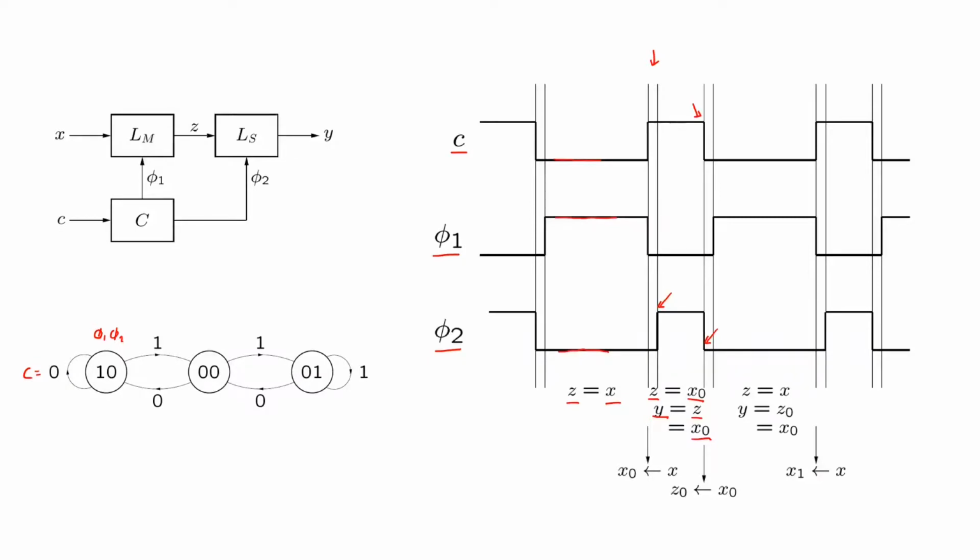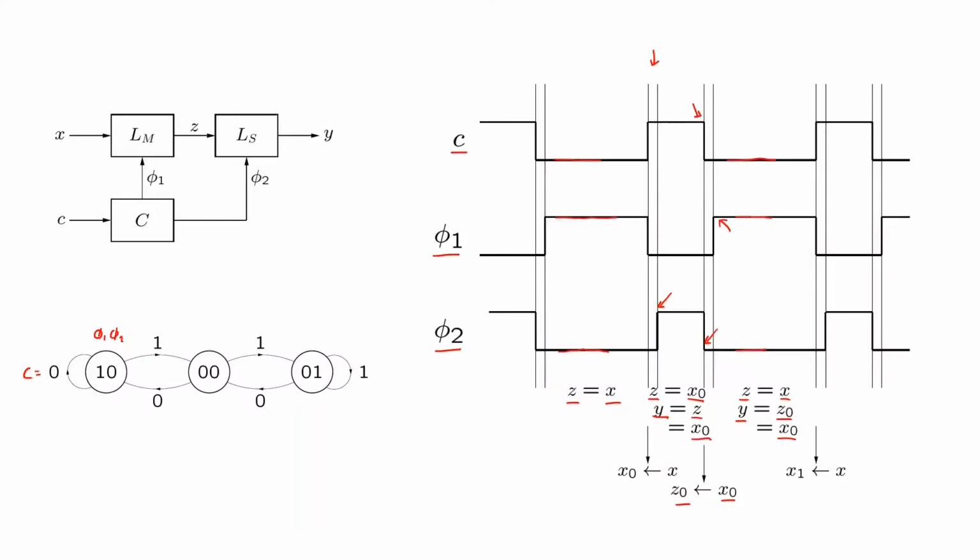And for a short time period here, both are closed at the same time, but then after some time phi1 opens, and again Z will be equal to X during this time that we have here. And Y will be the value Z0, which in turn was the value that Z had here when phi1 closed, which is our value X0.